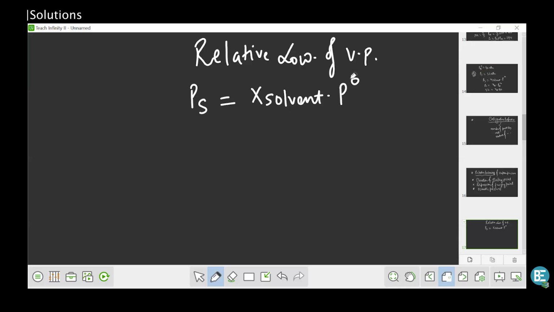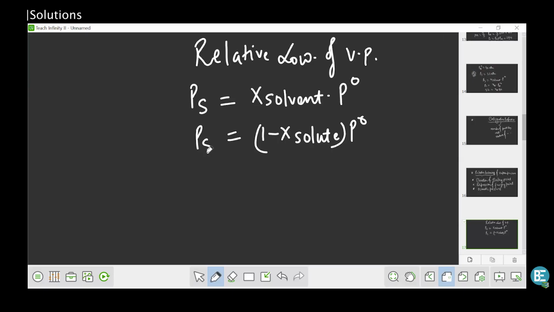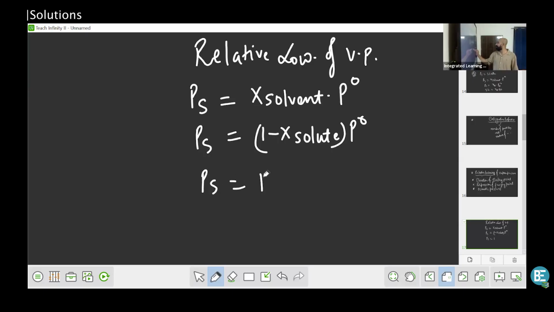Now, can I write in place of X solvent, 1 minus X solute? Because in a solution there are only solute and solvent. Since there are only two things, the sum of the mole fractions will be 1. So can I write it like this? Okay. Now see, Ps is equal to P naught.